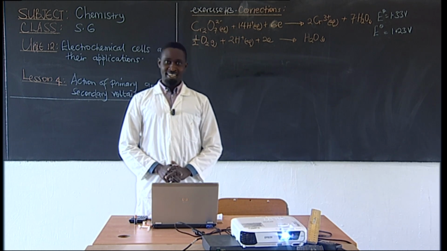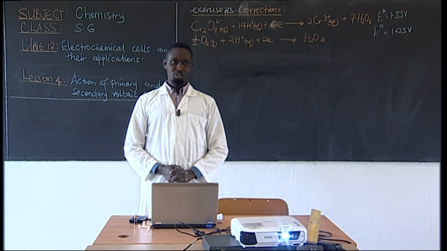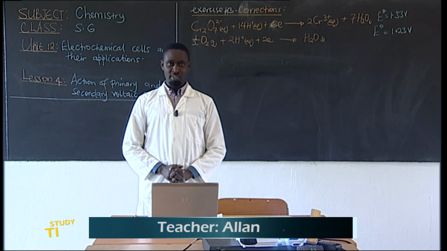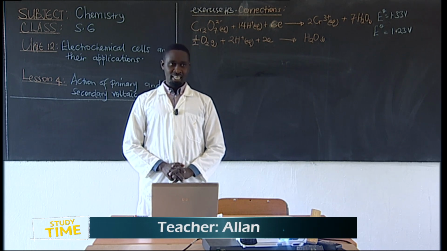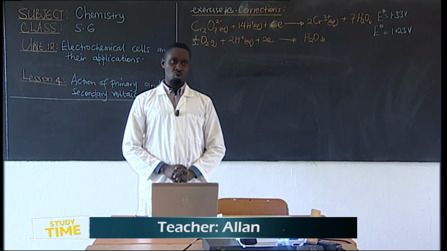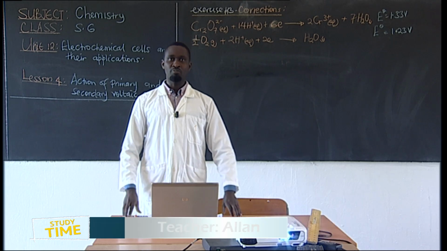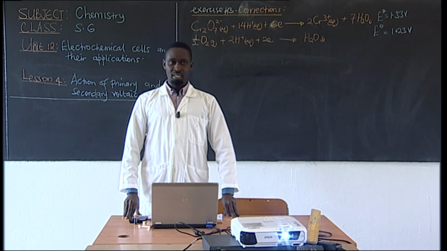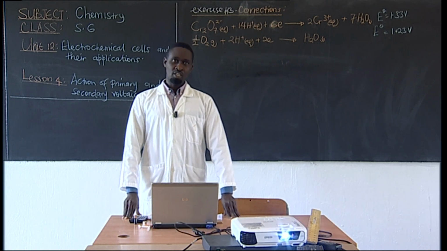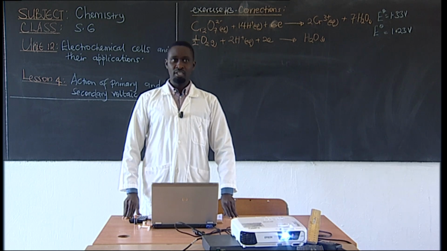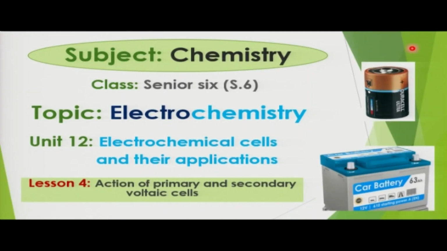We are concluding our topic, electrochemistry, today, and we're ending it with lesson 4, which is the action of primary and secondary voltaic cells, unit 12, electrochemical cells and their applications.